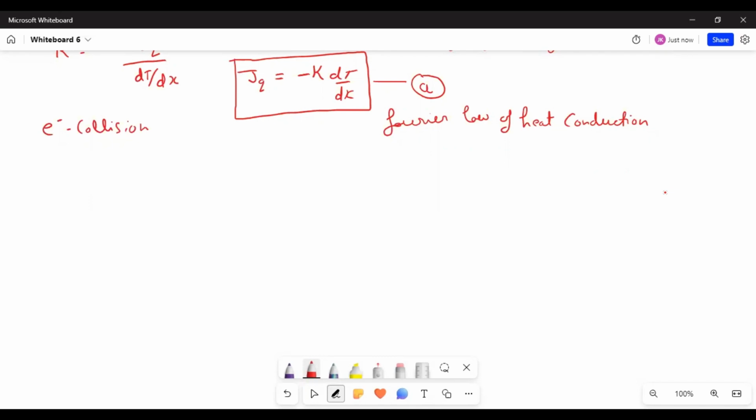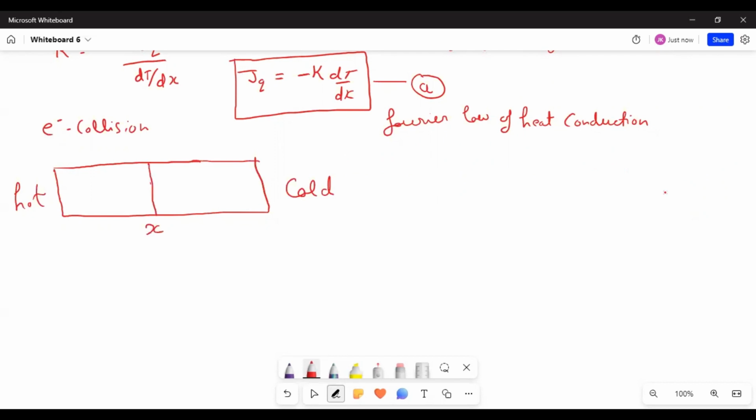To begin with, let's consider an example: a sample bar, right? This end is hot and this end is cold. Somewhere in between, let's consider a position. What is happening is that electrons are colliding with other electrons and transferring their energy. That's how heat is getting propagated, right?